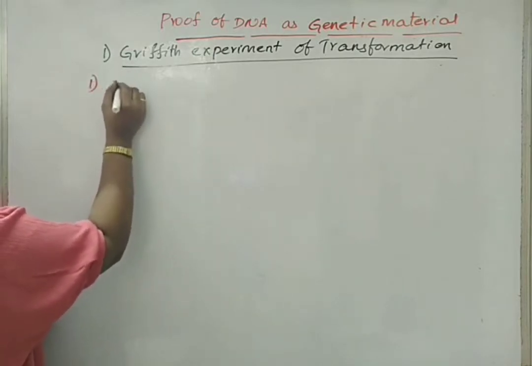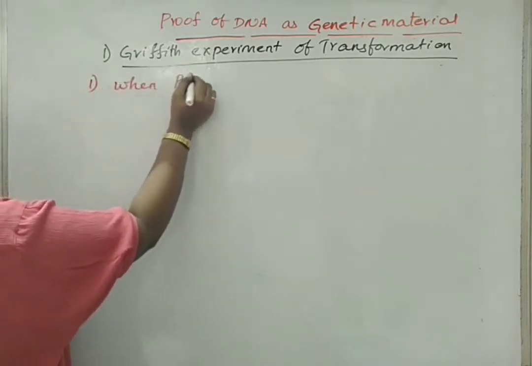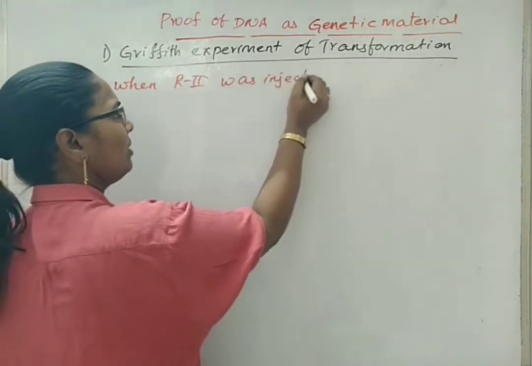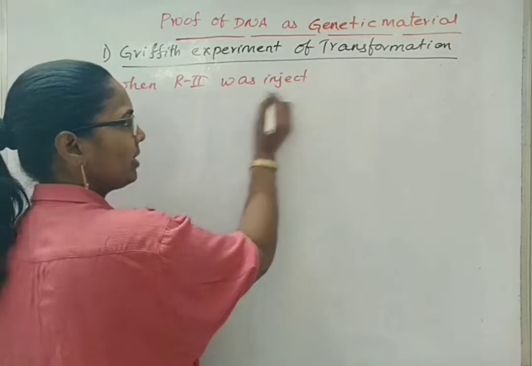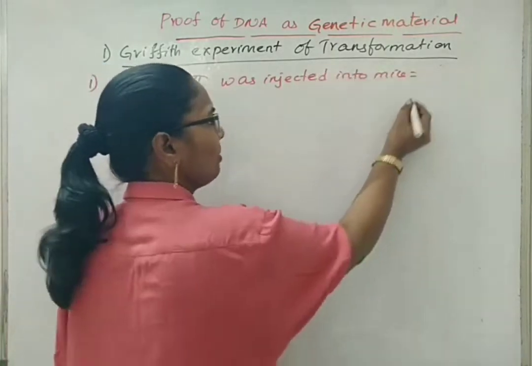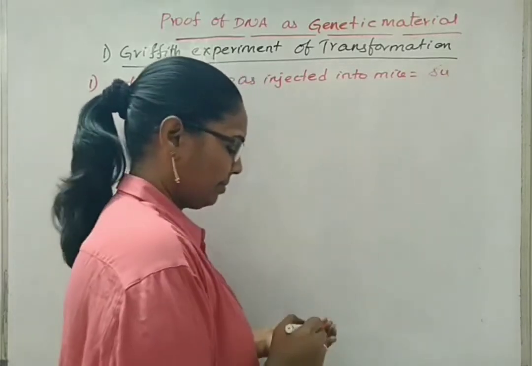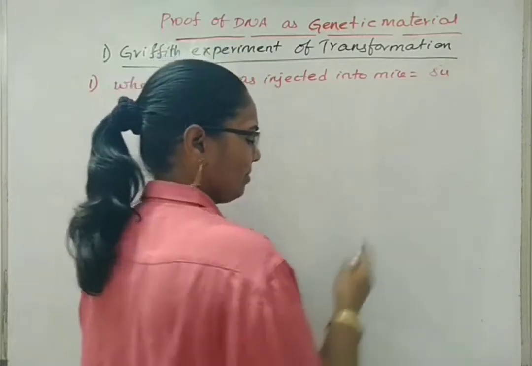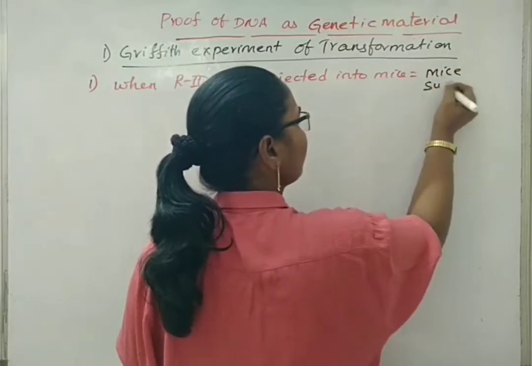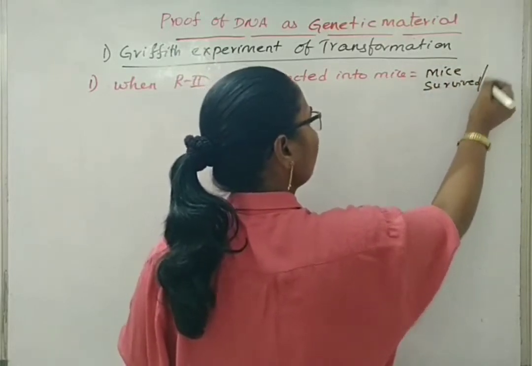First, when live rough strain 2, nothing heat killed, was injected into mice, the mice survived, or the mice is alive.